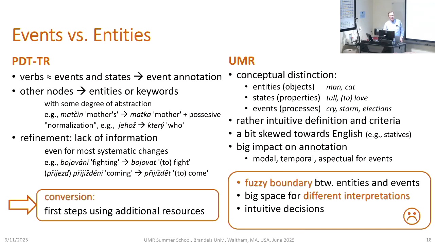And then one of the big problems we had was to create events in the UMR annotation, because, as I said before, many of the events in Czech and in the PDT scheme are represented by nouns, or sometimes adjectives, or sometimes even some strange idiomatic constructions, sometimes completely implicit in the sentence.